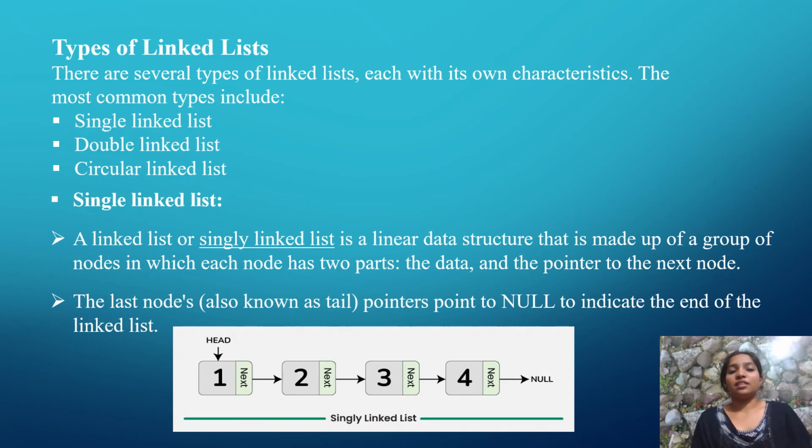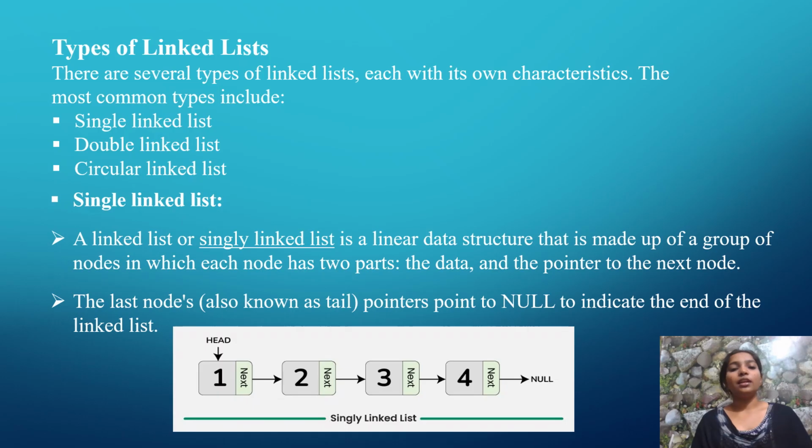Single linked list is just like the linked list we discussed before. A single linked list is a linear data structure made up of a group of nodes in which each node has two parts. We discussed these two parts, that is data and pointer. The pointer points to the next node.